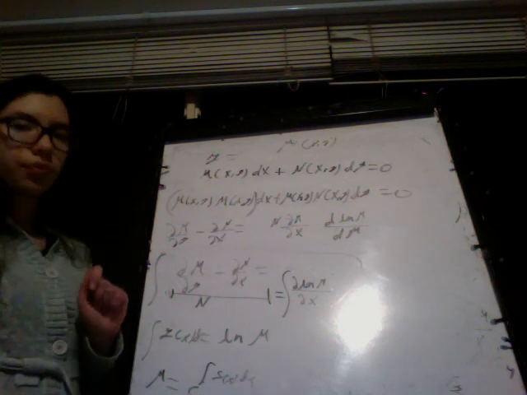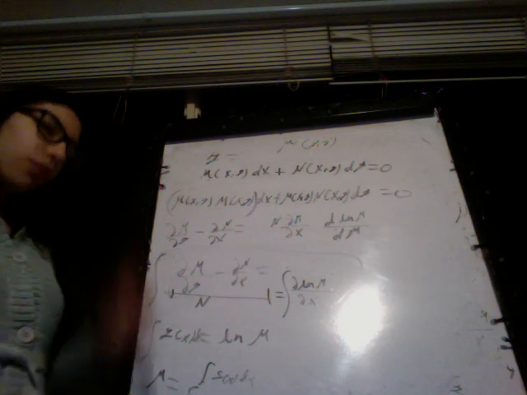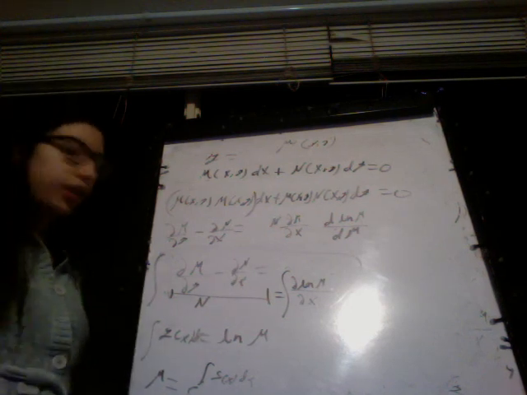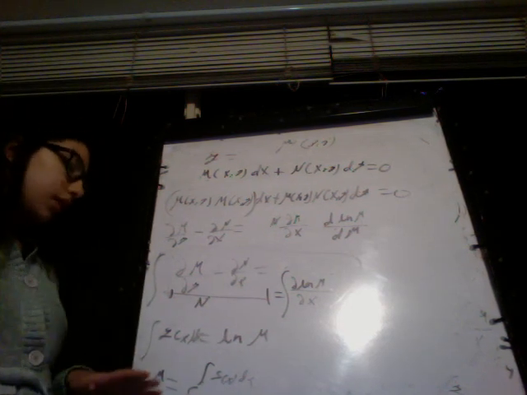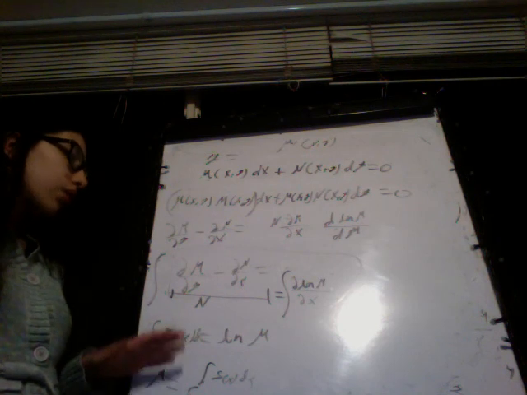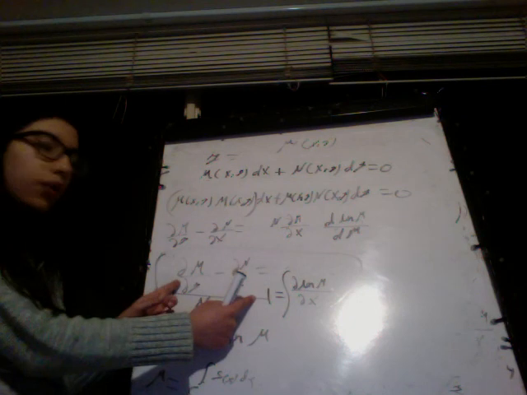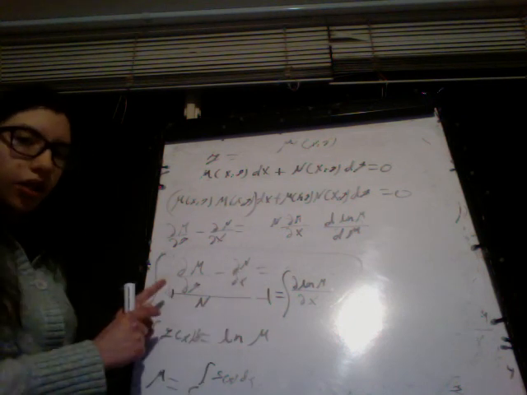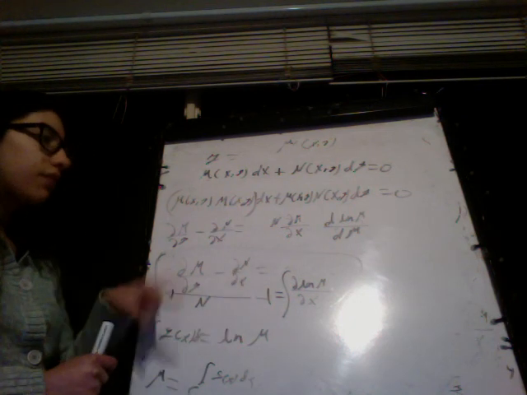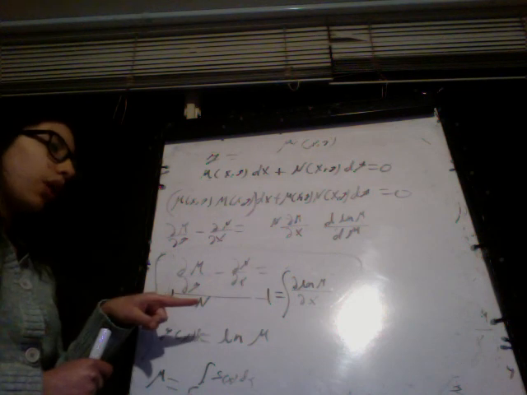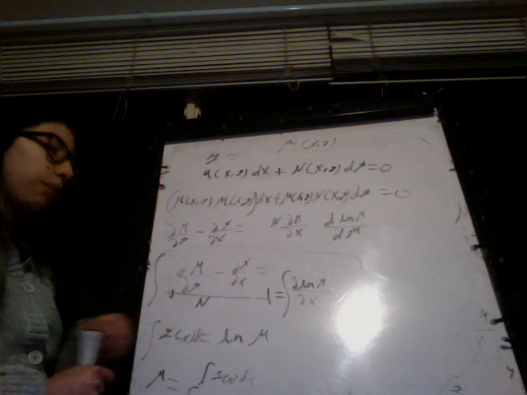This is not always possible. I think that we're going to see examples of this. But that is if mu only depends on x, and you will see that when you do this. If you have only x's, things like that, you can do it. If you have only y's, you will need to find an integrating factor that depends only on y.